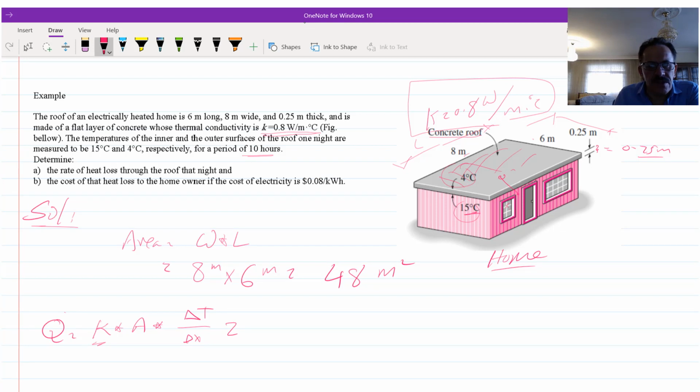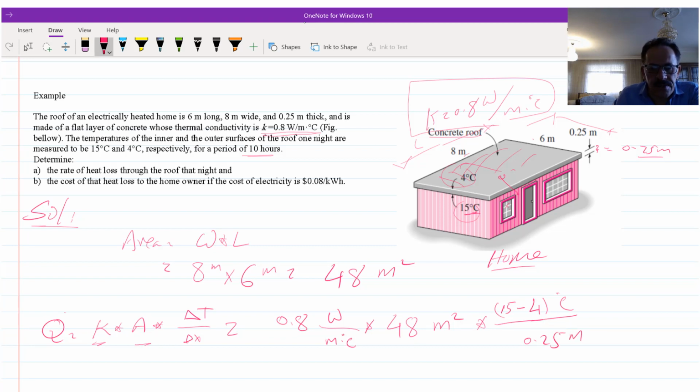Now the conductivity of the concrete is 0.8 watt per meter per degree Celsius, times the 48 meters squared, times delta T, which is inside 15 and outside 4, so 11 degrees Celsius, divided by the width of this roof, which is 0.25 meter.